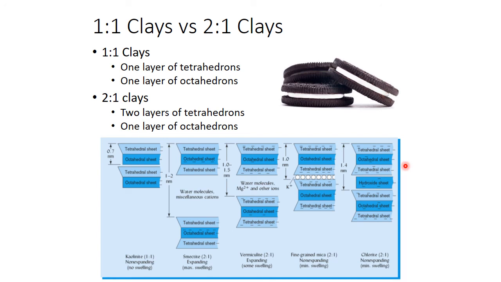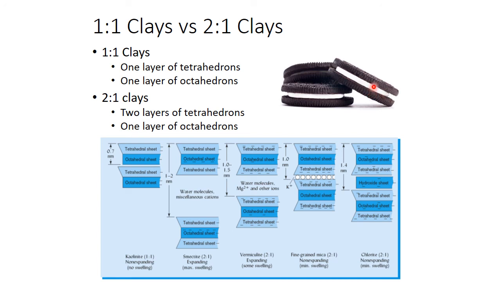And the analogy that I like to use for describing these types of clays is Oreos. So if we have a 2-to-1 clay like an Oreo, we have two layers of cookie and then one layer of cream. So think of the outer layers of cookies as tetrahedral sheets, and the inner layer, the cream, as the octahedral sheet.